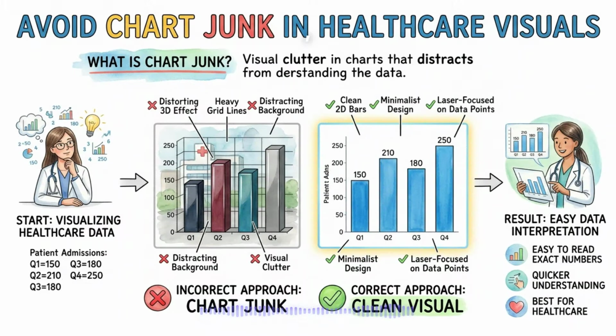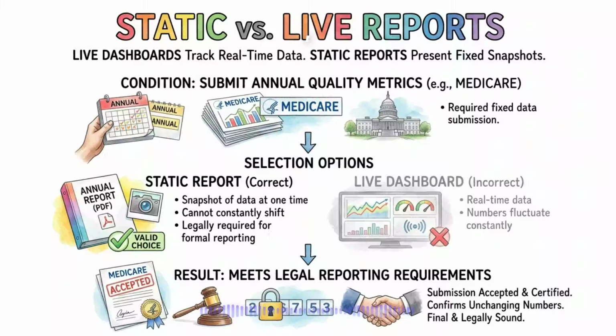Adding a 3D effect to a simple bar chart actually distorts the top of the bar, making it much harder for the viewer to read the exact number accurately. The exam emphasizes that the best healthcare visualizations are clean, minimalist, and laser-focused on the actual data points.